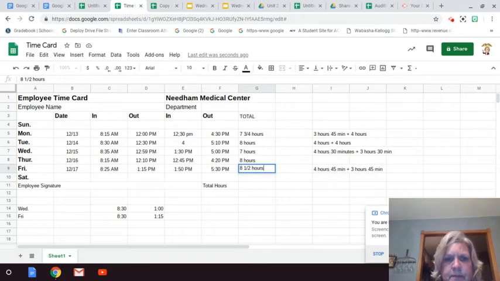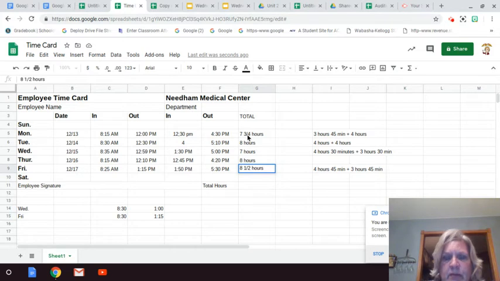And then we're going to add these up, right? Because I need this total hours for the week down here. That's what's really important. That's what your time is going to be calculated from. So let's see again. If I just add the hours first, 7 and 8 is 15. Here's another 15. That's 30, 38. So 38 whole hours.